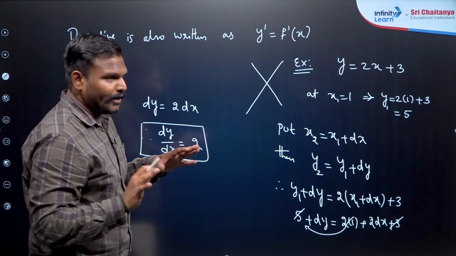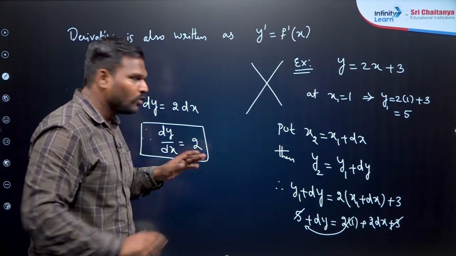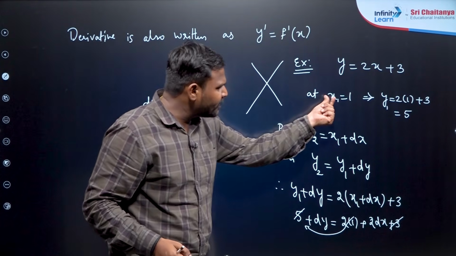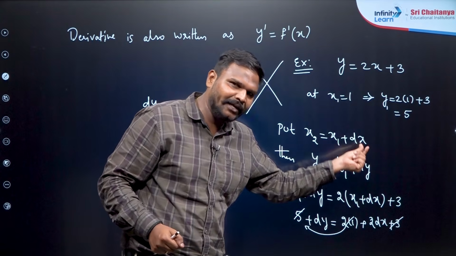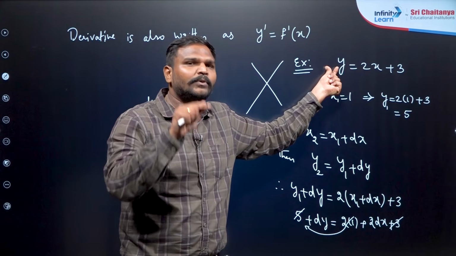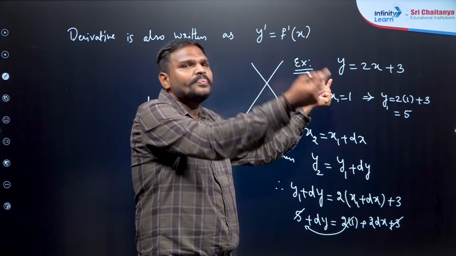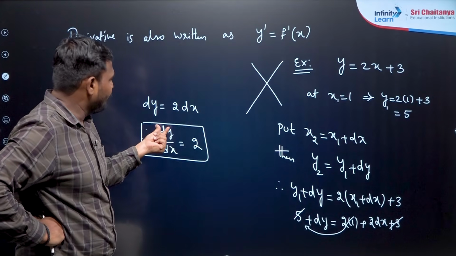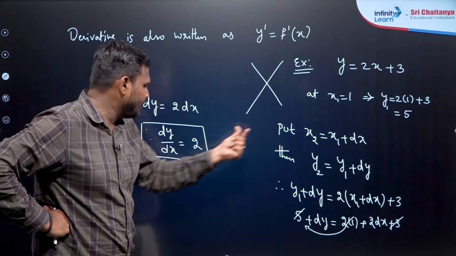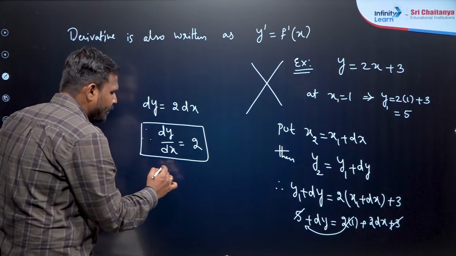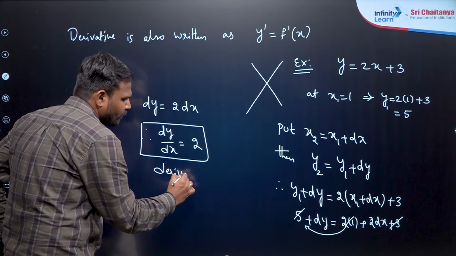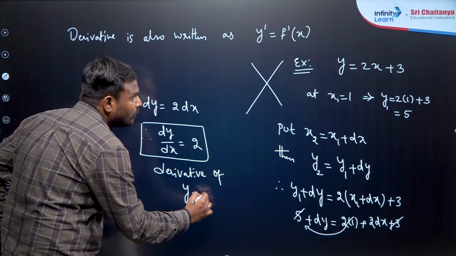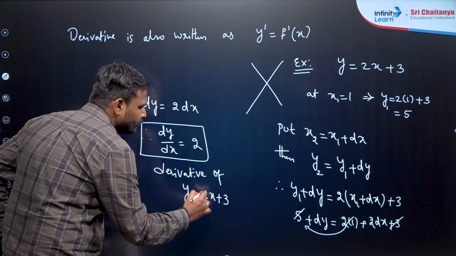So I already told you, in this method we are not going to solve anything, just for our understanding purpose. If you change x by the smallest element, then the dependent variable also will change because it is depending on that function, and the smallest change in dependent variable by the smallest change in independent variable is called the derivative of the function y is equal to 2x plus 3.